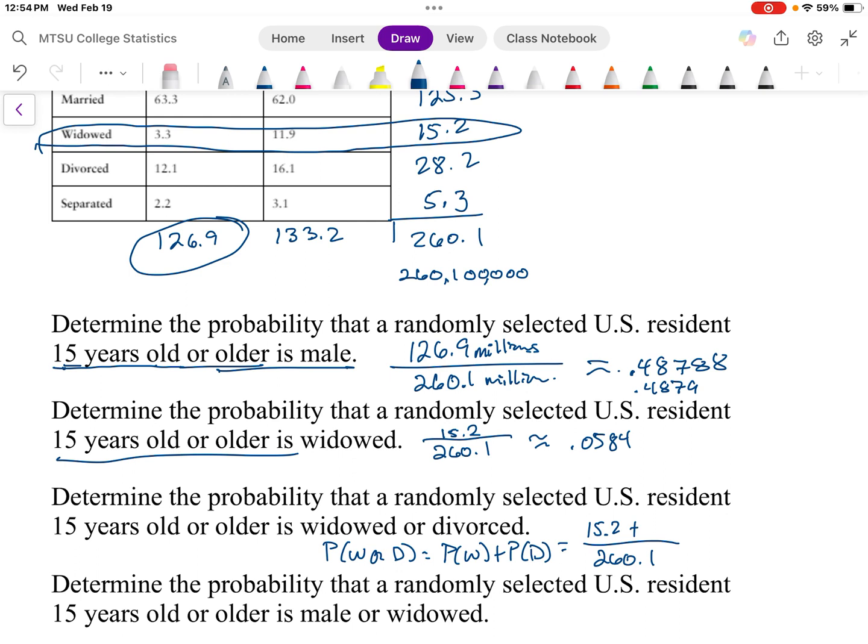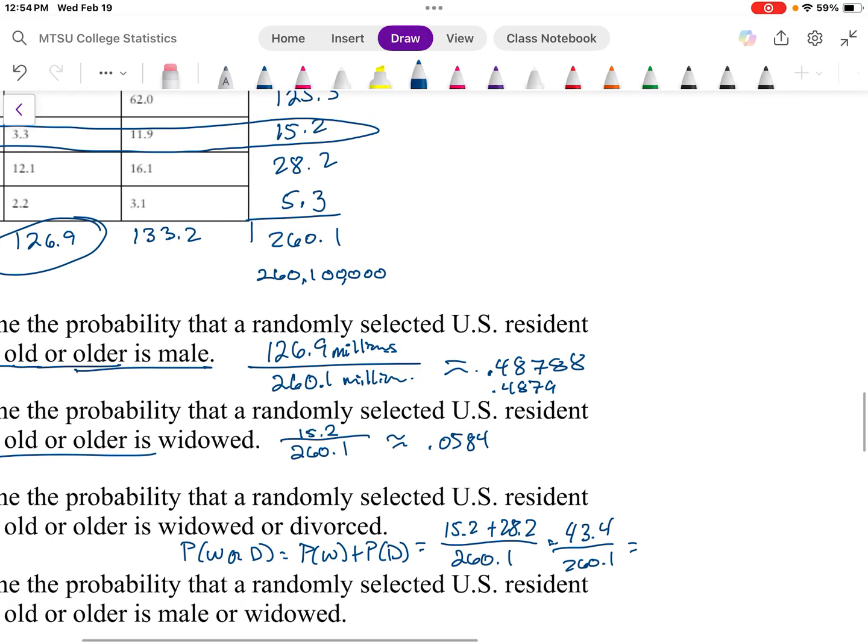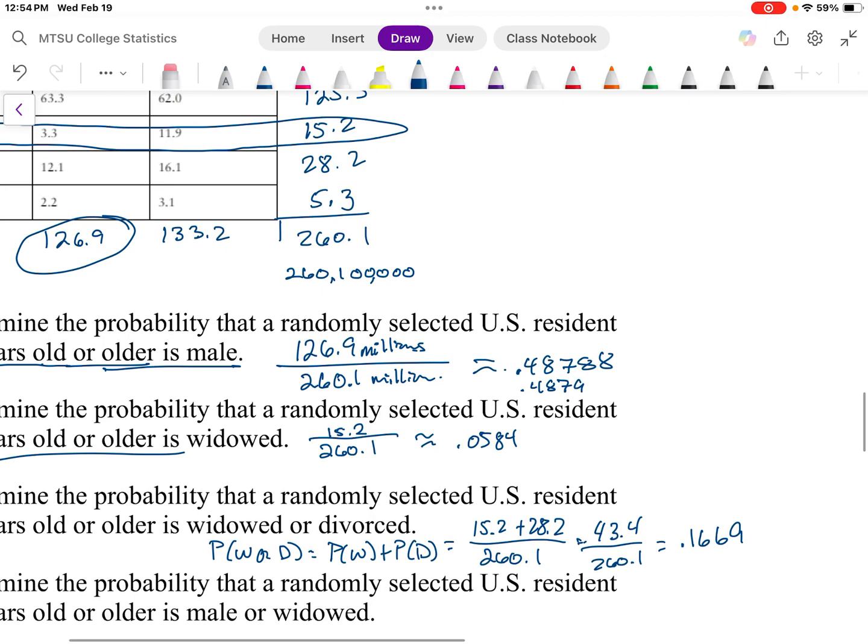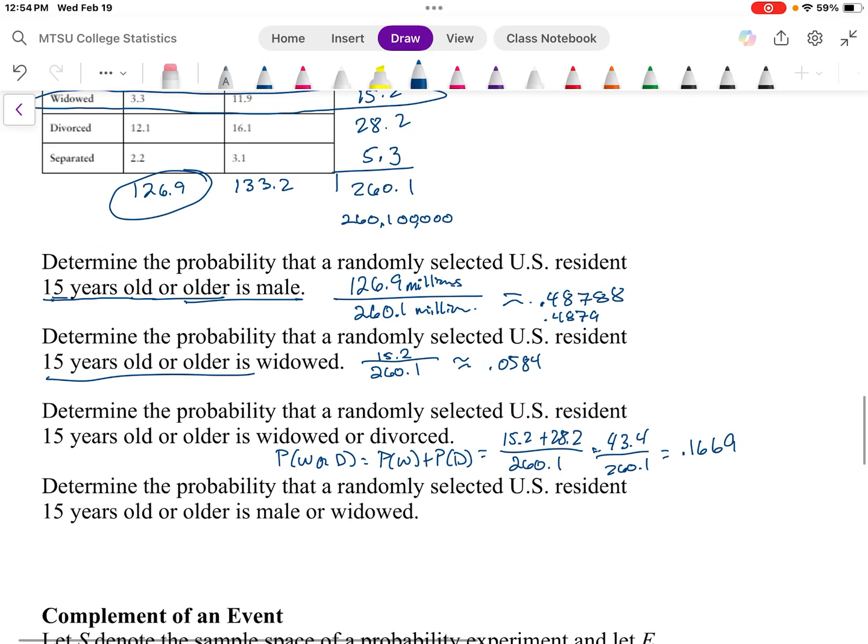The number of divorced was 28.2. So 15.2 plus 28.2 gives me 43.4 divided by 260.1, and that gives me 0.1669 if we round to the fourth place. So there's a 16.69% chance a randomly selected person is widowed or divorced.